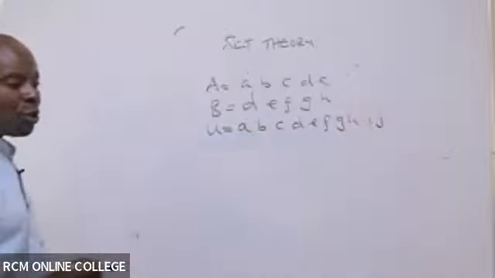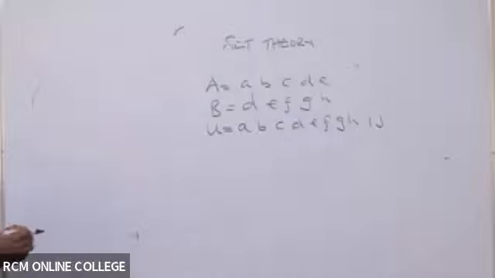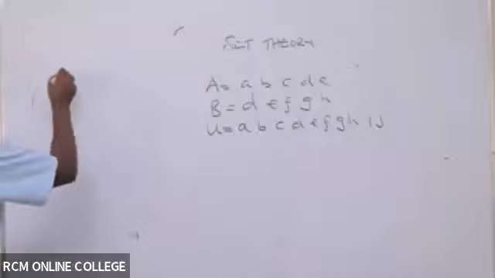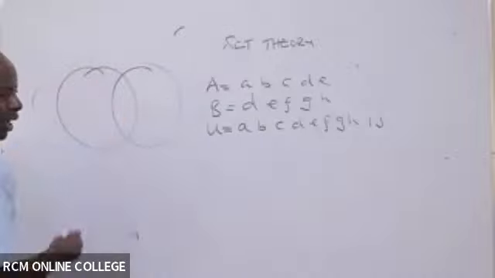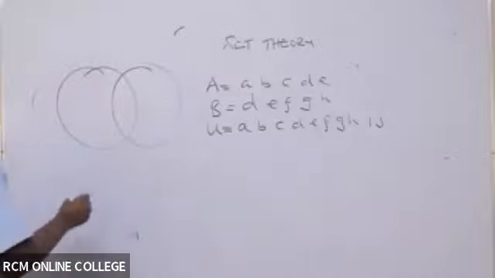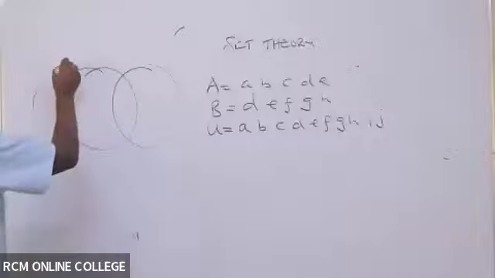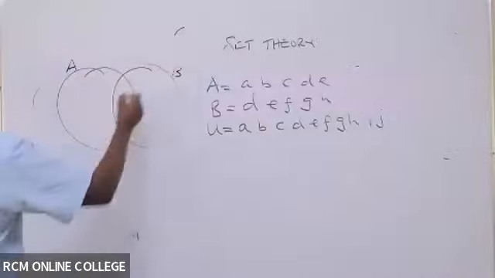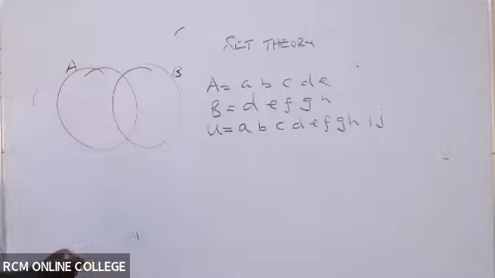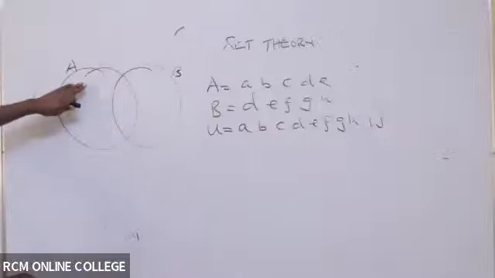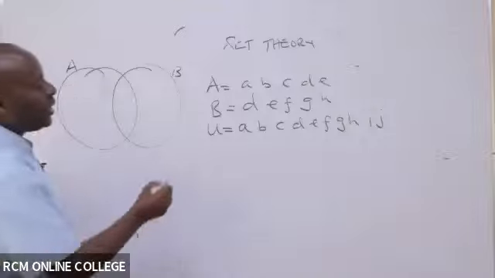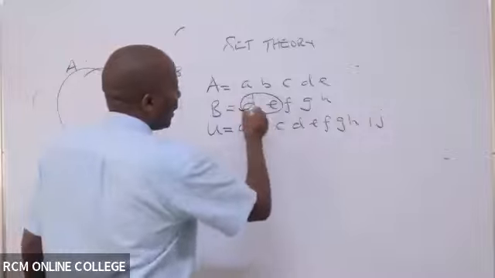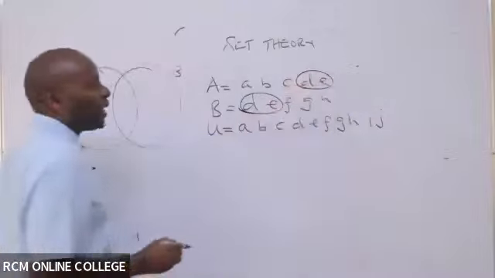So if you're told to put this information in a Venn diagram, you will have two subsets. In this case, this is A and this is B. Inside here, I will write members of A only. You see D and E, these are shared.